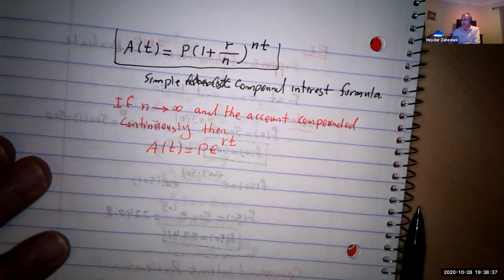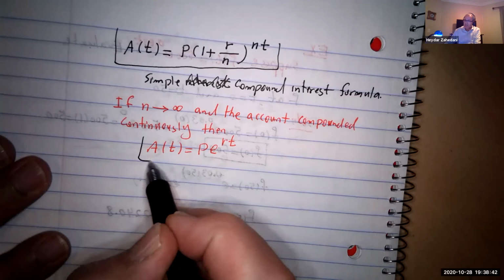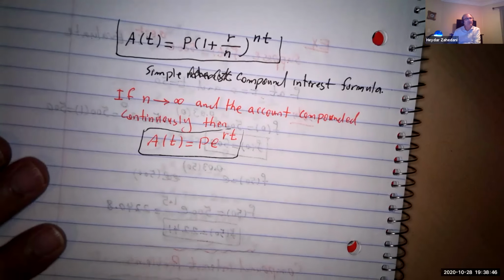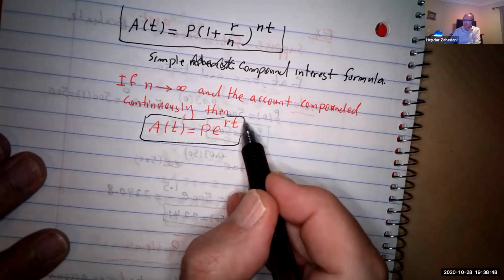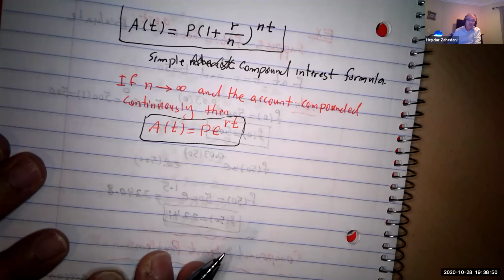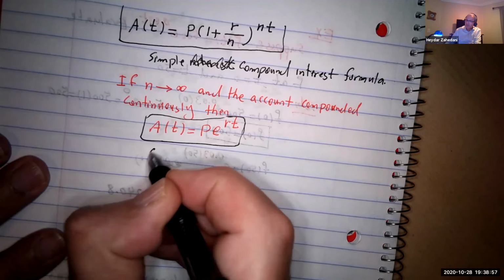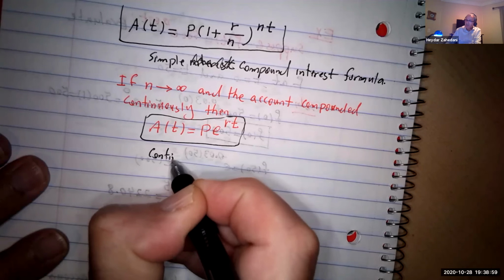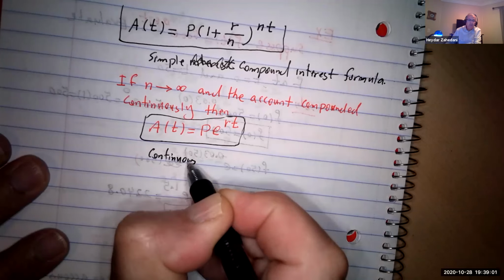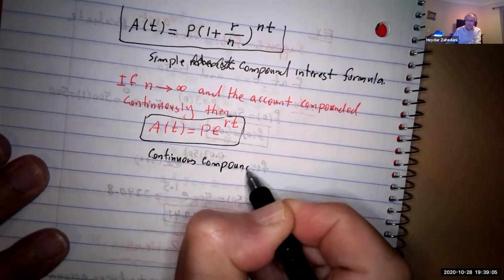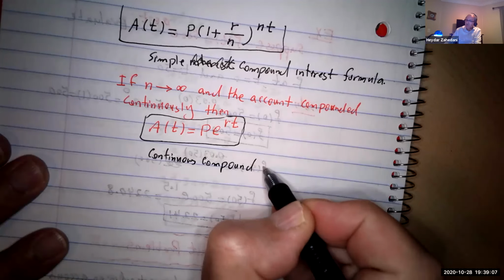This is why this formula is important. That's a growth formula. In calculus, we prove it nicely, but over here we just accept it right away. This is the continuous compound interest formula.